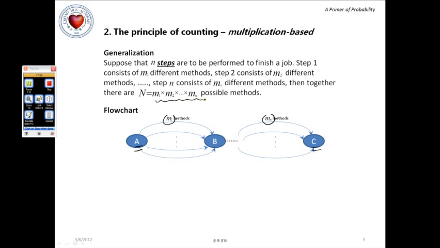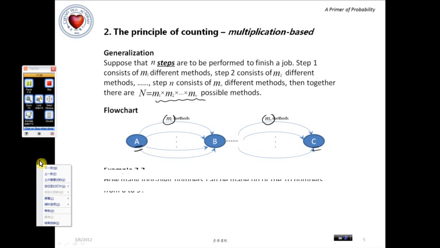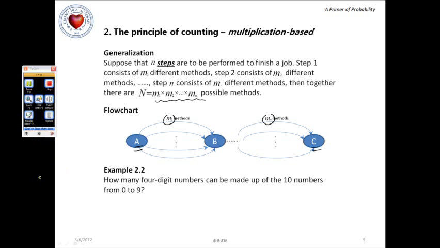Let's look at example 2.2. How many 4-digit numbers can be made up of the 10 numbers from 0 to 9? First and foremost, let's do some analysis. Is this a multi-step job? Yes. To make up a 4-digit number is a 4-step job.